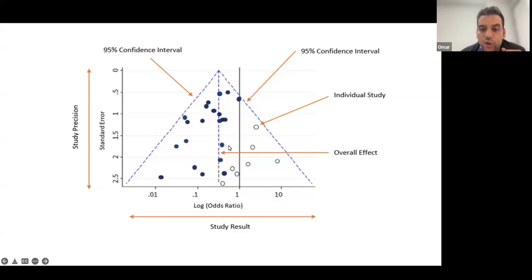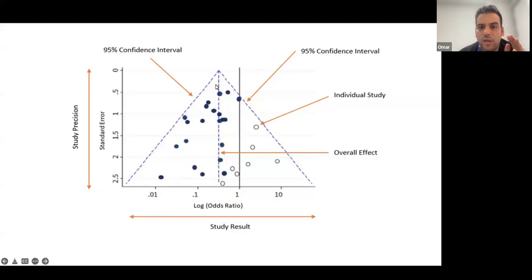You have a line of effect in the same way that you have in a forest plot, and the lines show where the studies are relative to that line of effect. It basically tells you what the effect of that study is.